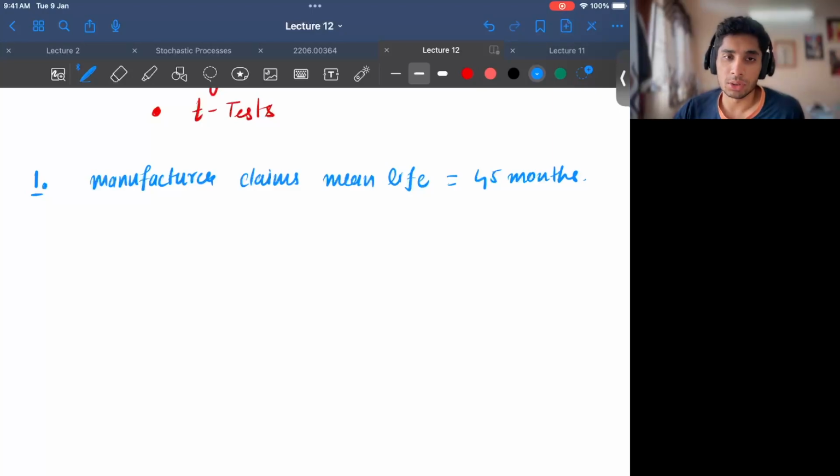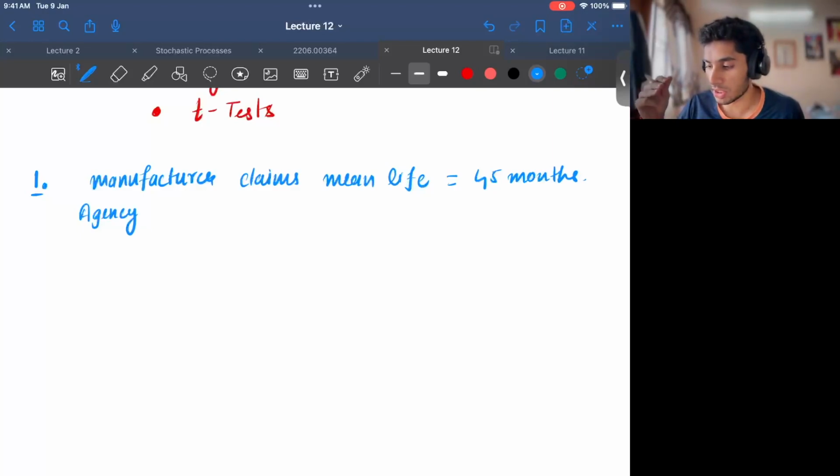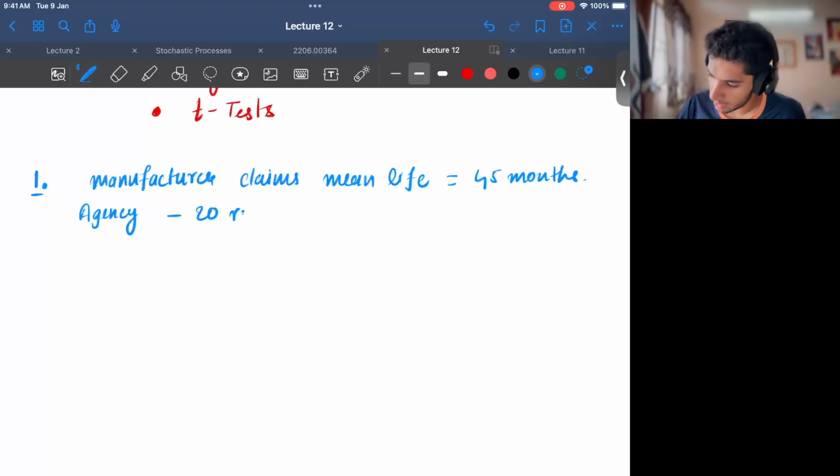Okay. And there is a consumer protection agency that wants to check this claim, right? So what they do is they take a random sample. So there is a protection agency which wants to check the claim of the manufacturer. So what they do is they take 20 random samples or 20 random batteries, right?